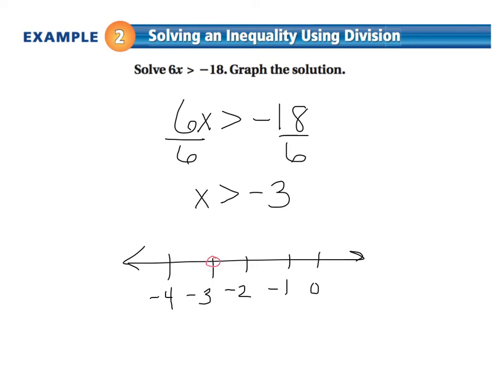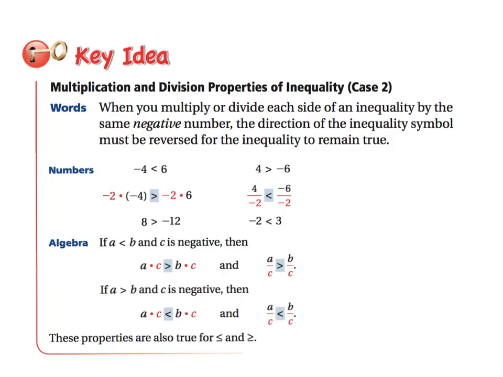Why? Because it's not a solution. Which way would I shade? My solutions are greater than negative 3. If you don't know, look at your negative 4 and plug it in. Is negative 4 greater than negative 3? Nope. So you would not shade to the left. You would shade all numbers to the right.